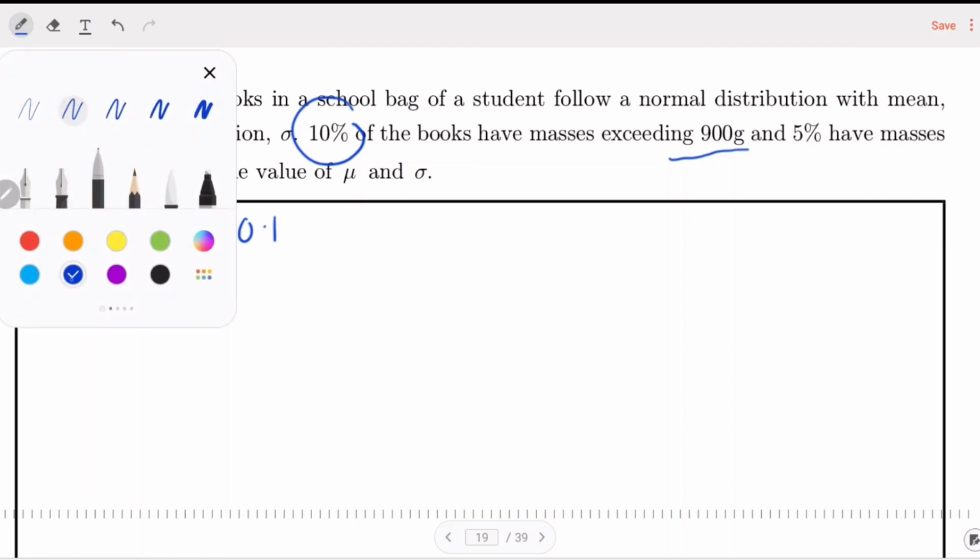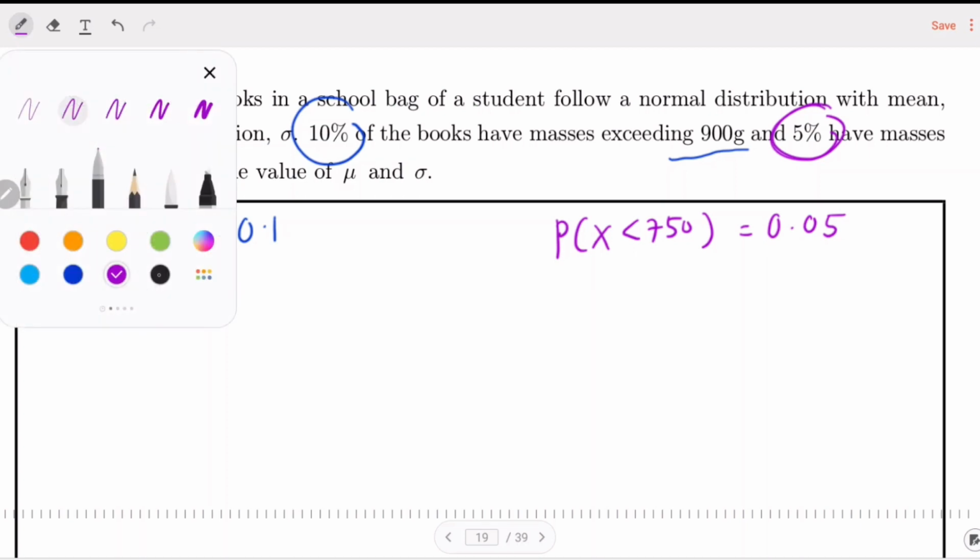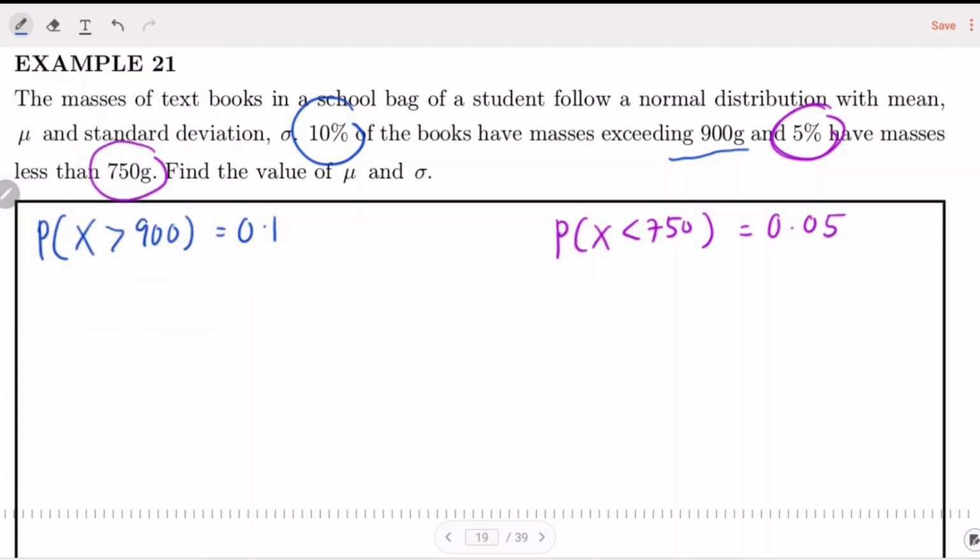And for the other one, 5% have masses less than 750 gram. So probability for X less than 750 is equal to 5%, which is 0.05. Find the value of mu and sigma. So we need to solve these equations simultaneously in order to find the value of mu and sigma. Two unknowns, so we must have two equations.